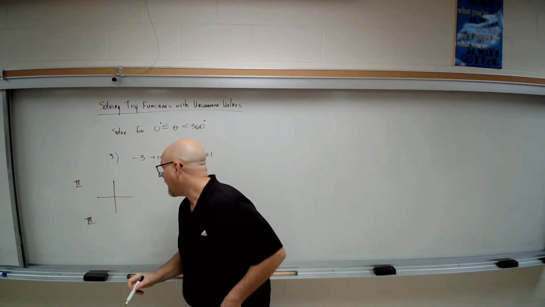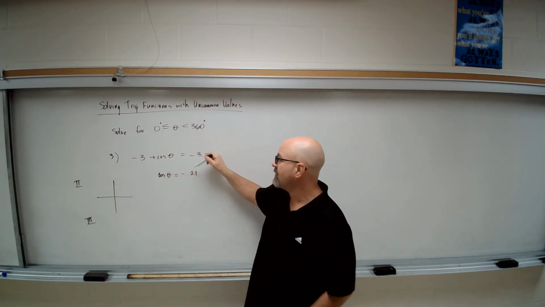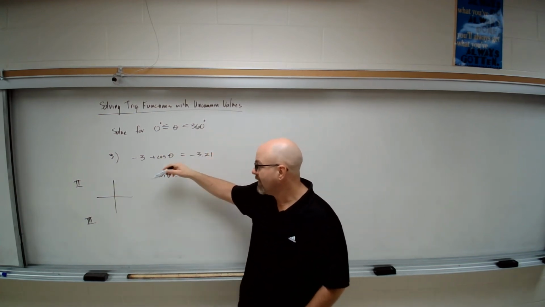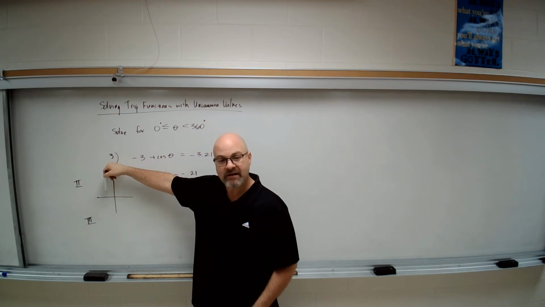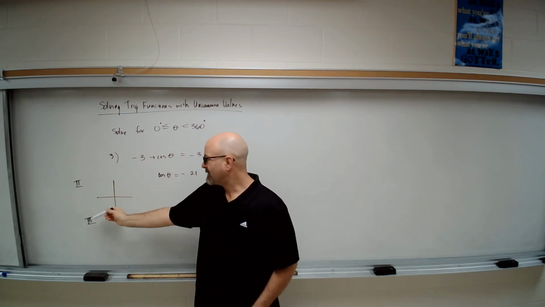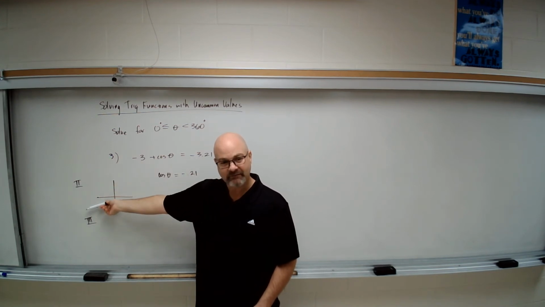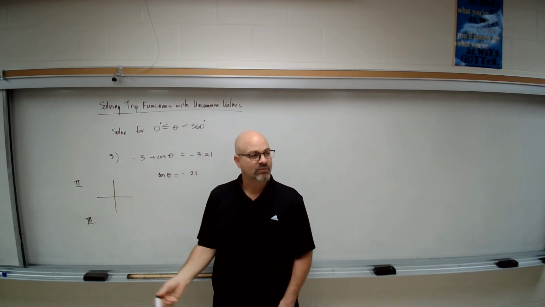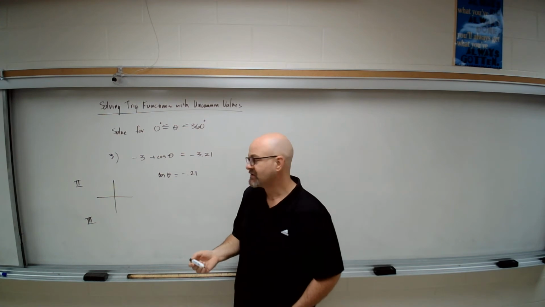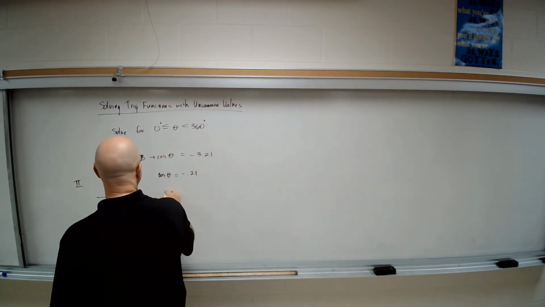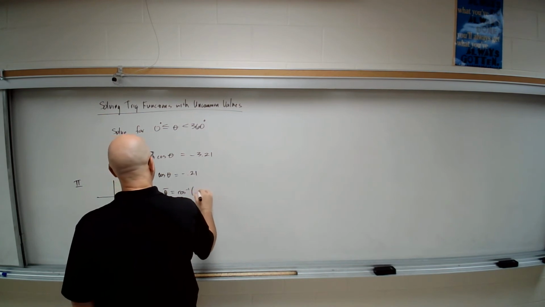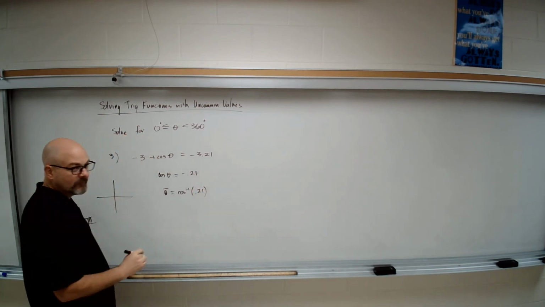Now, if I just do the inverse cosine of negative 0.21, it'll give me this exact value over here, right? But it doesn't really help as much getting this one down here. Does that make sense there? Because it's only going to give us 1 because it's an inverse cosine function. So what I would recommend we do is say theta bar is the inverse cosine of positive 0.21.